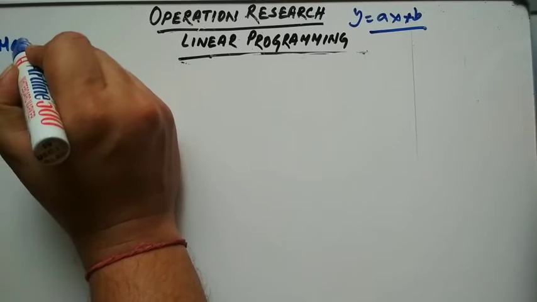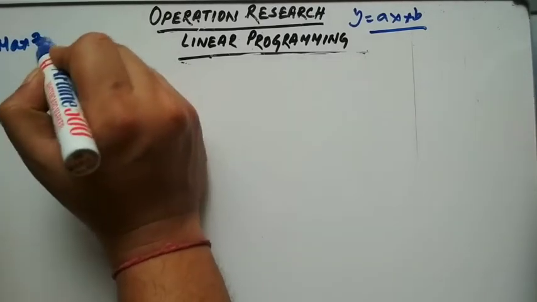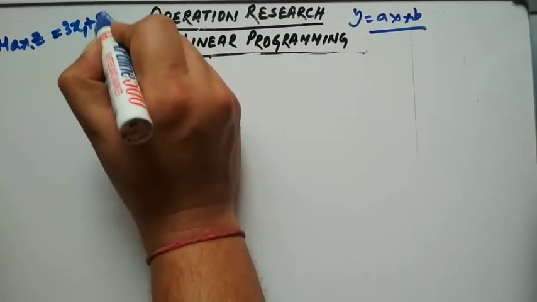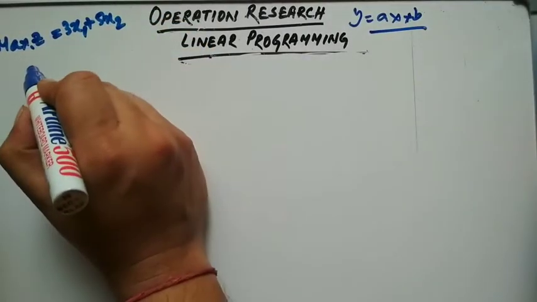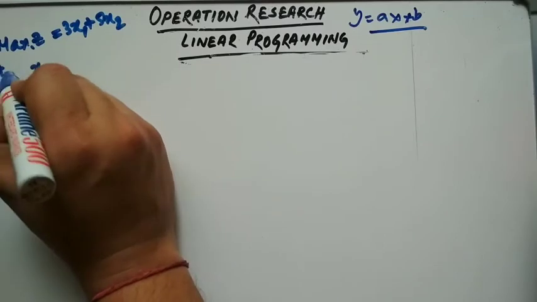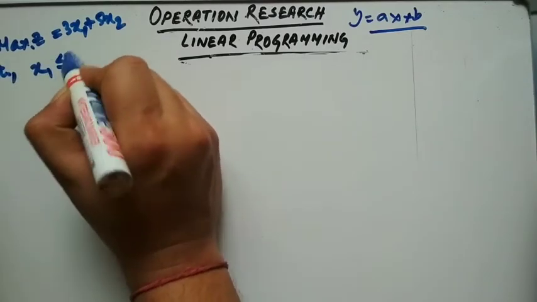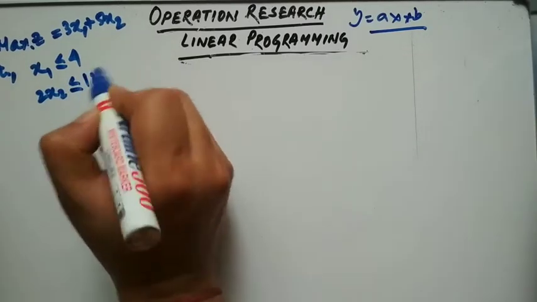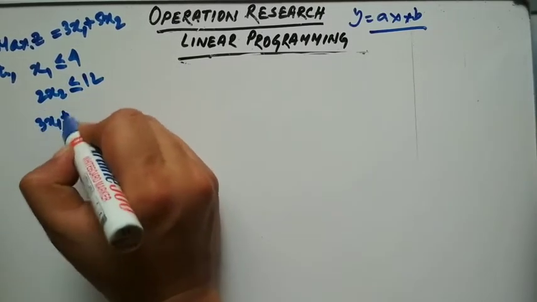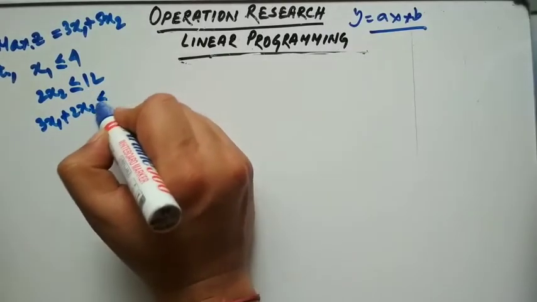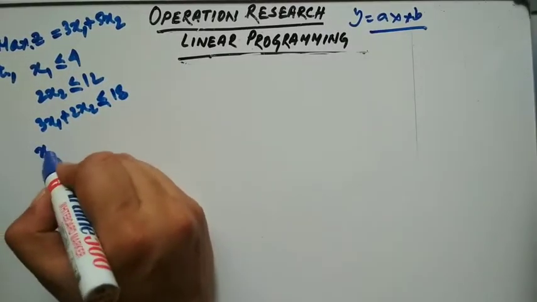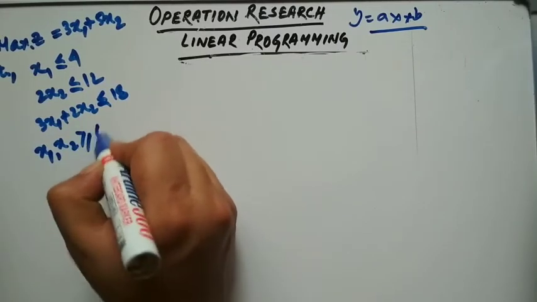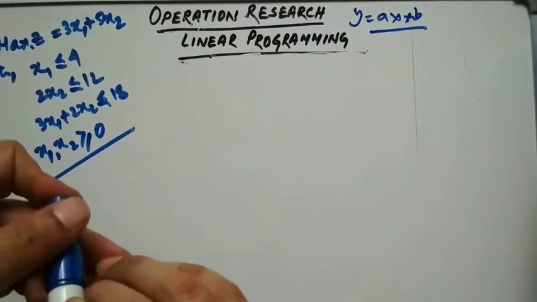Maximize Z equal to 3x1 plus 5x2, subject to x1 less than or equal to 4 and 2x2 less than or equal to 12. 3x1 plus 2x2 should be less than or equal to 18, and the non-negative constraints are x1, x2 should be greater than or equal to 0. That was the problem. Now we have to solve it graphically.